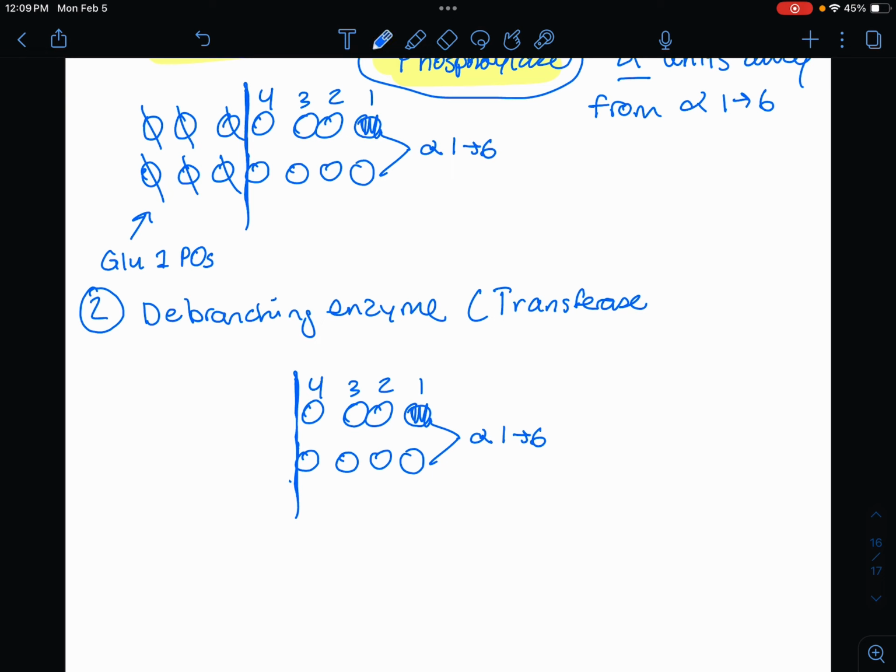All right, so debranching enzyme acting as a transferase. What's going to happen here is that we're going to transfer a block of 3 units, and they're going to be moved to the non-reducing end of the chain.